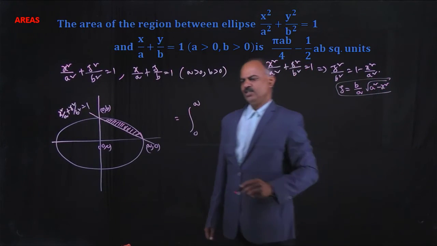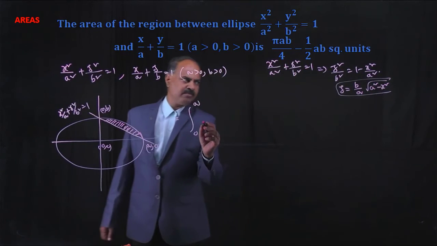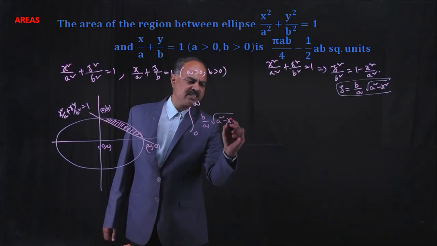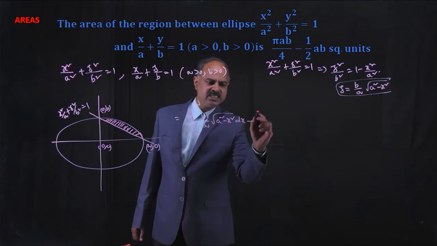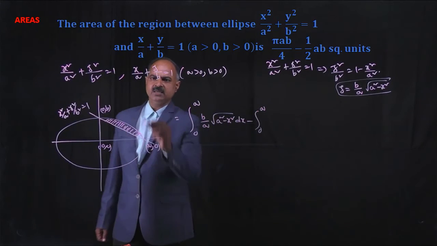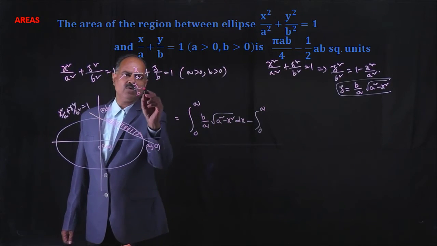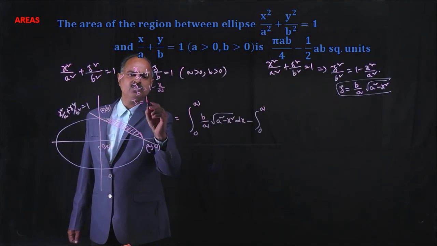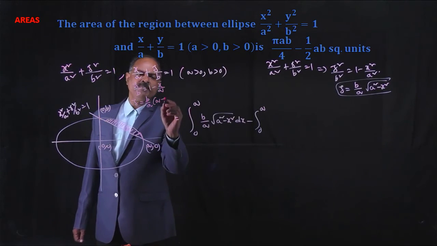So integral 0 to a y dx, where y equal to b by a into root over a square minus x square dx, minus integral 0 to a, the area under the line. So here the line y by b is equal to 1 minus x by a, that is y is equal to b by a into a minus x.